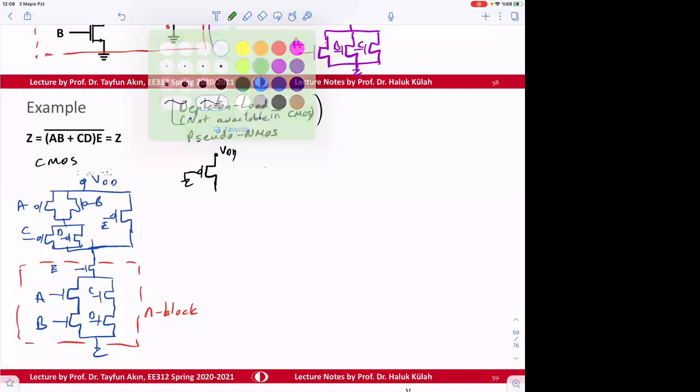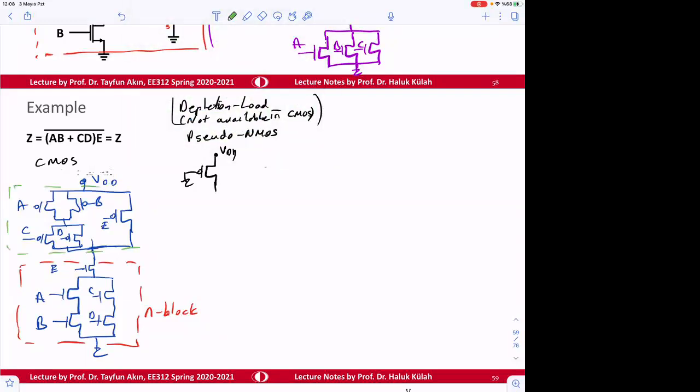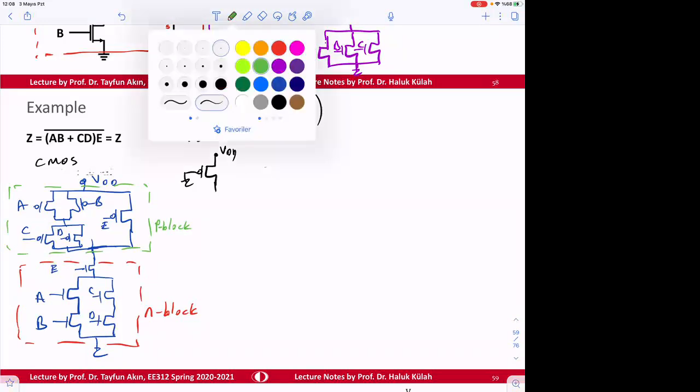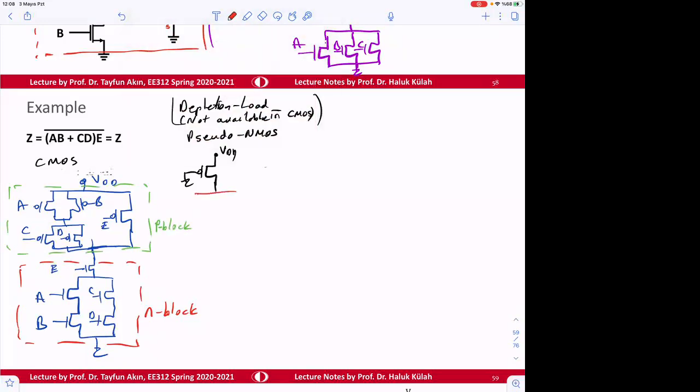And this is P block. Okay, so if we do this and then put here the AND block, this works.